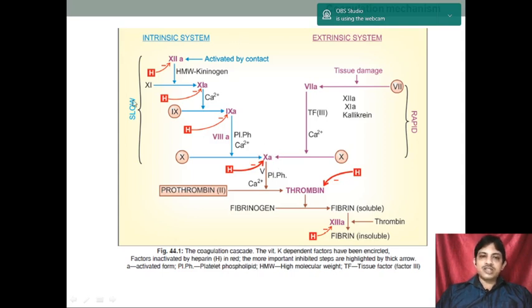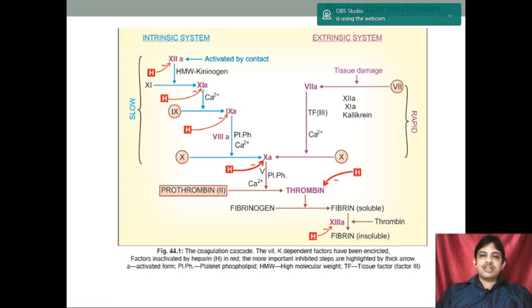That process is generally slow and is known as the intrinsic pathway. The extrinsic pathway is generally rapid in nature. Whenever there is a conversion of 7 to 7A due to tissue damage, 12A, 11A, kallikrein, all those things will be there.